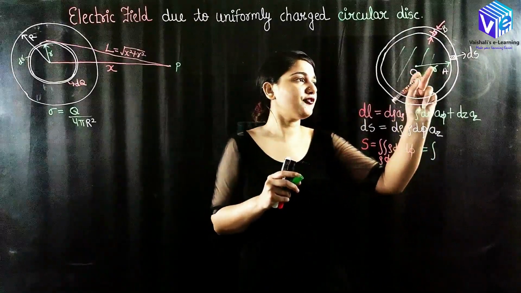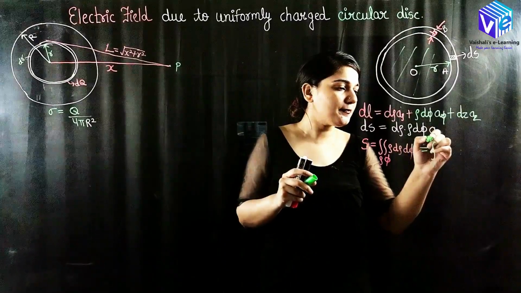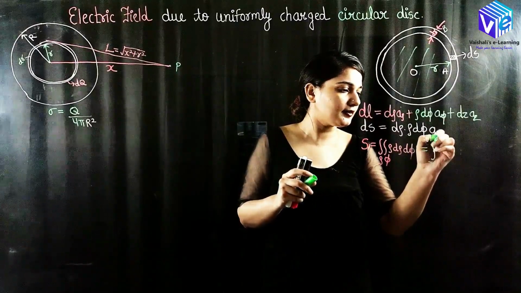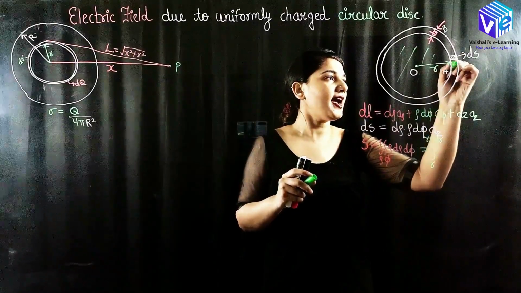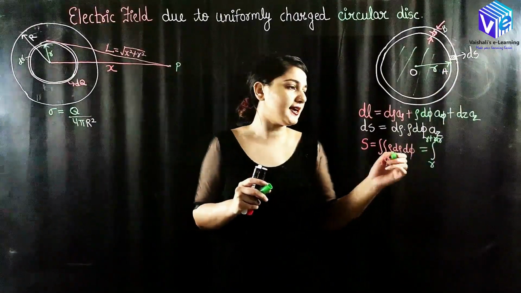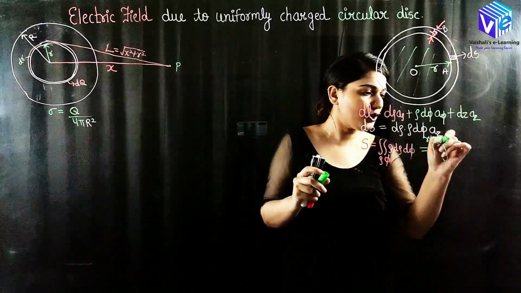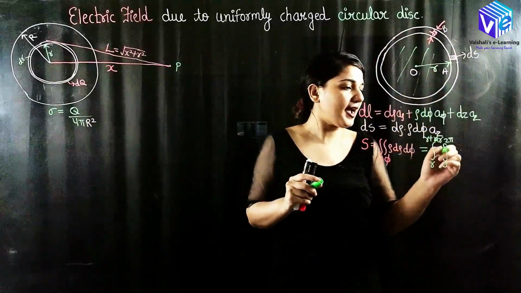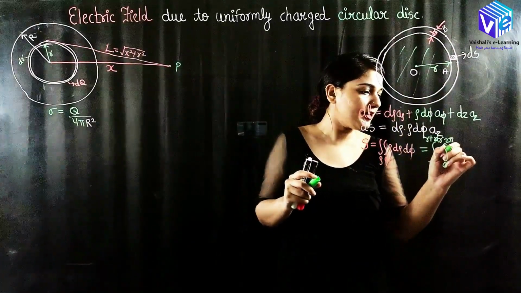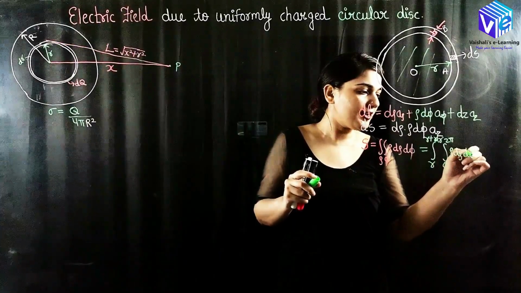Rho is the radius, and it is changing from r to r plus dr. At this point I have r, at this point I have r plus dr. Phi is changing from 0 to 2 pi, since I have a full circular element.